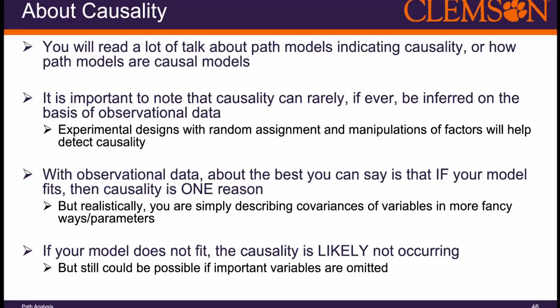We're giving our best information about it, but really to make causal claims, we need a much more experimental design, right? Model fit is a nice index. I will tell you that we can falsify causality, perhaps, right? If your model doesn't fit, causality is not likely happening. However, if the model does fit, causality could be one reason for it.